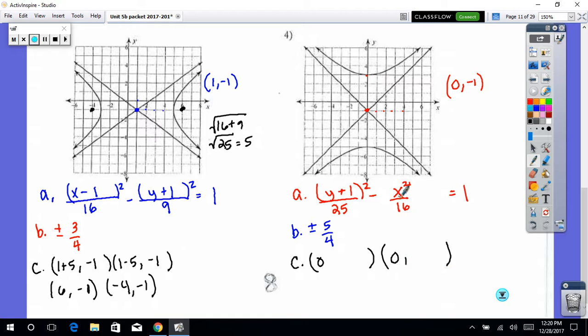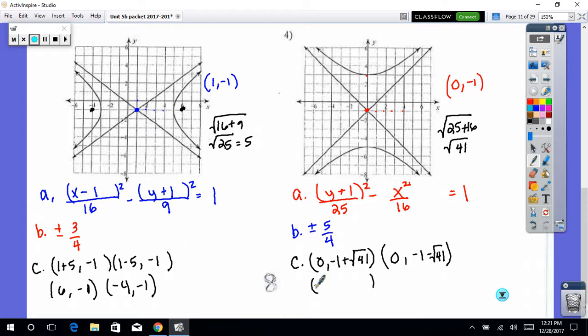And this time our y is going to change. So we have the square root of 25 plus 16, which is the square root of 41. Super ugly. So we have -1 plus the square root of 41, -1 minus the square root of 41.